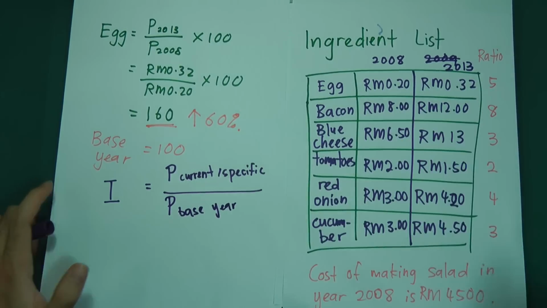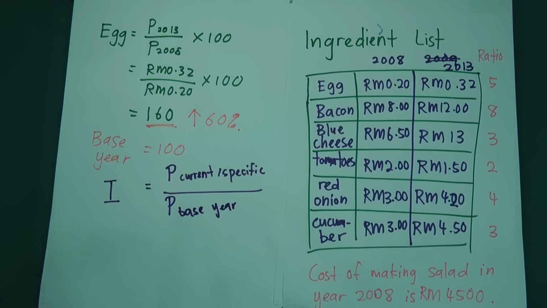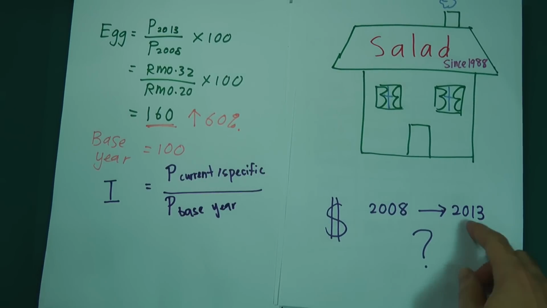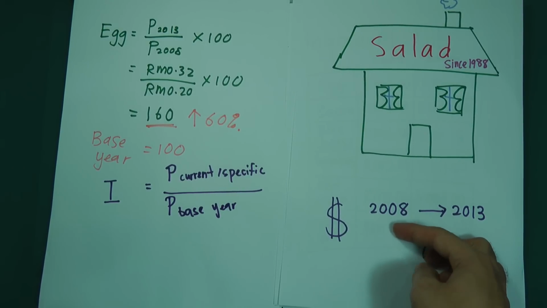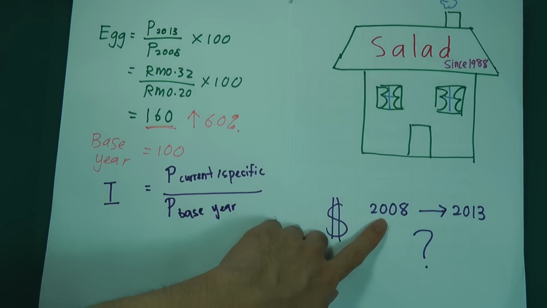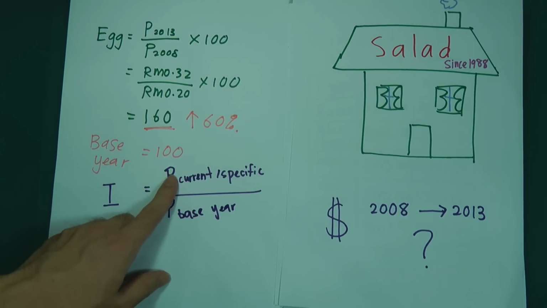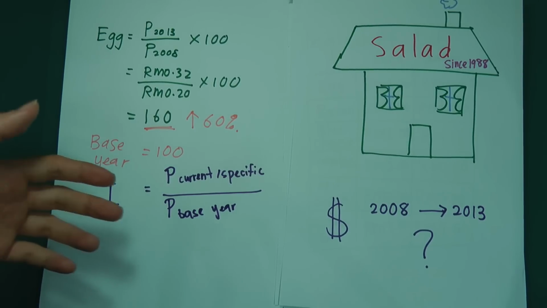For example, in this example, we want to compare price for 2013 from 2008. So over here our base year is 2008. This one is not always the current year; they will mention which year they want to compare.